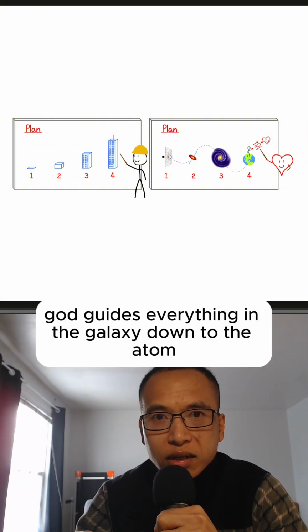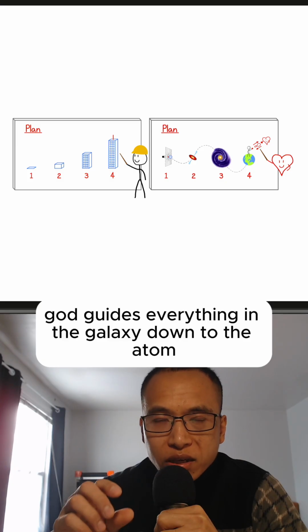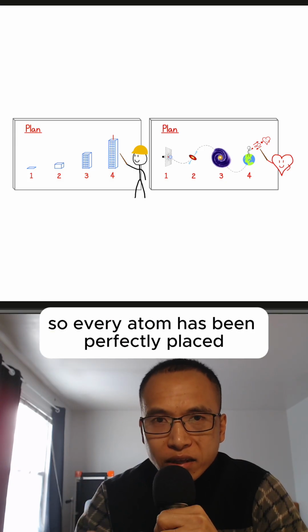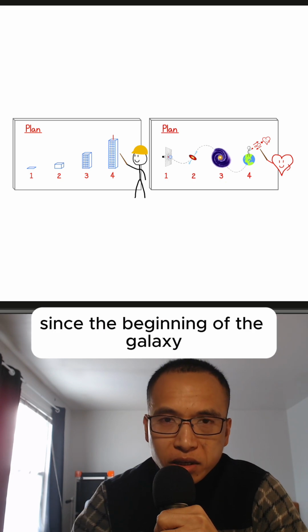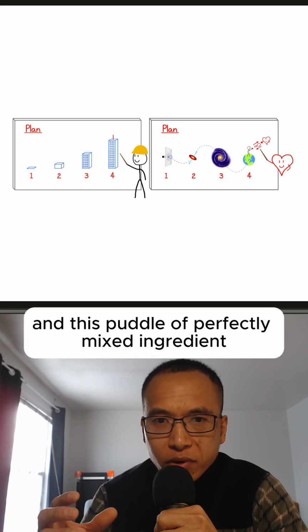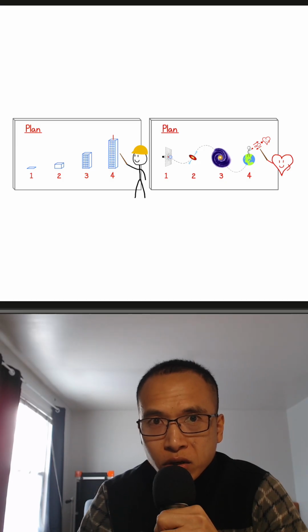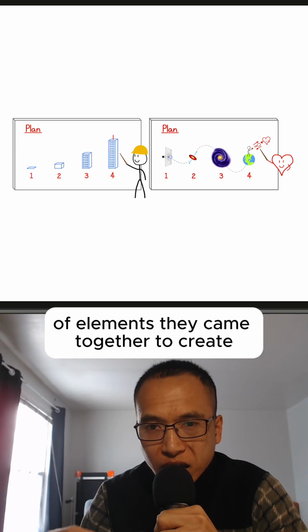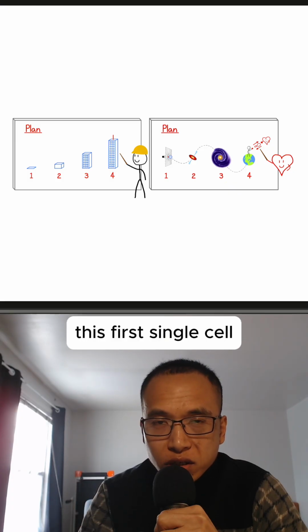Again, God guides everything in the galaxy down to the atom. So every atom has been perfectly placed since the beginning of the galaxy. And this puddle of perfectly mixed ingredients of elements, they came together to create this first single cell.